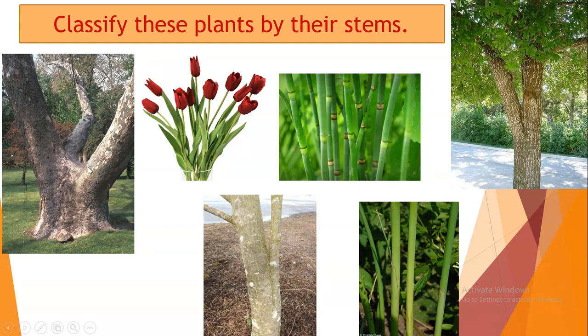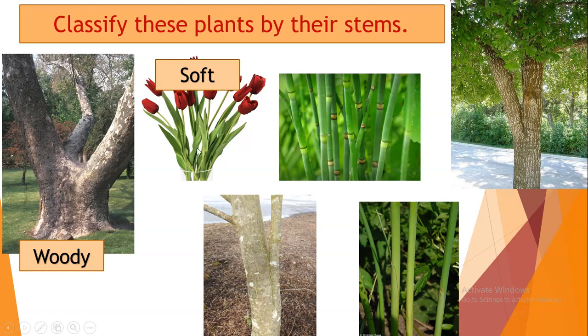Look at this picture here. This is a big tree, right? So look at its stem. Excellent. Woody stem. What about this picture? What kind of stem does it have? Excellent. Soft stem.